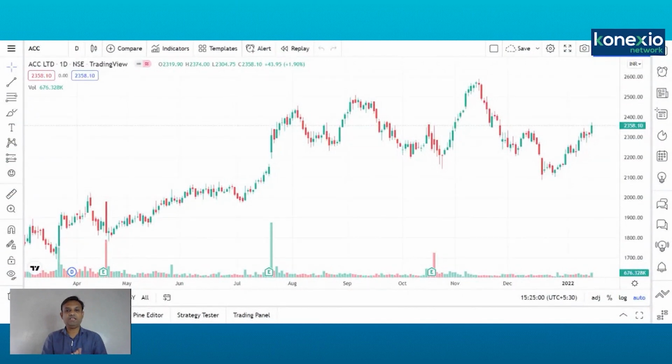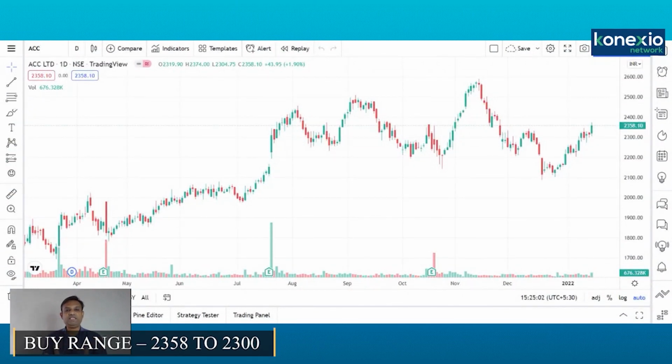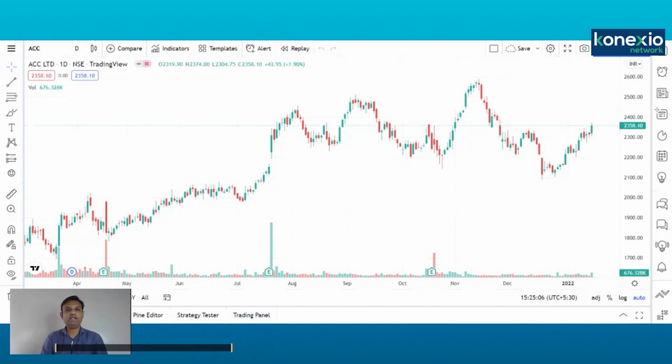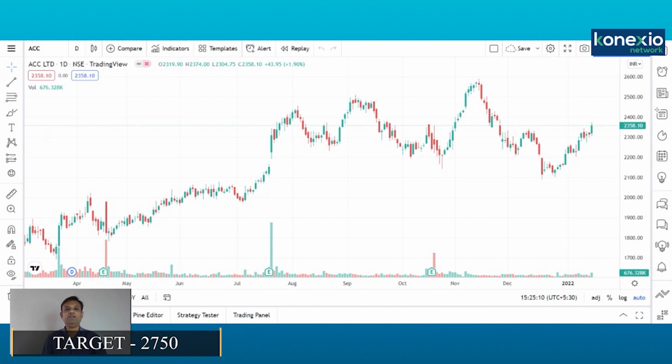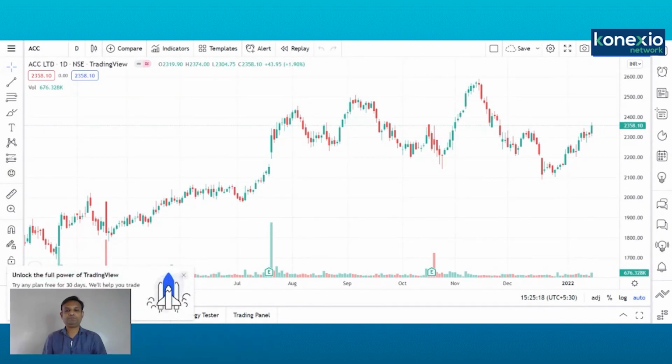The buying range is between 2,356 and 2,358, and on corrections to 2,300, and the upside long-term target is 2,750. So definitely the stock is looking positive. ACC should be in the long-term investment portfolio. So traders are suggested to accumulate the stock in the range of 2,358, and on corrections to 2,300, for an upside target of 2,750 for the long term.